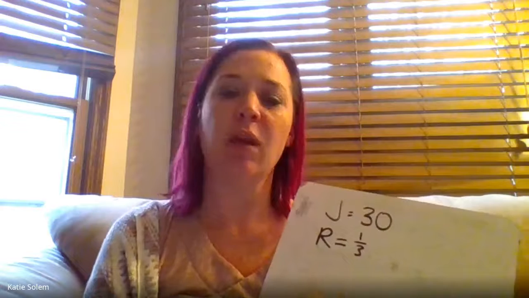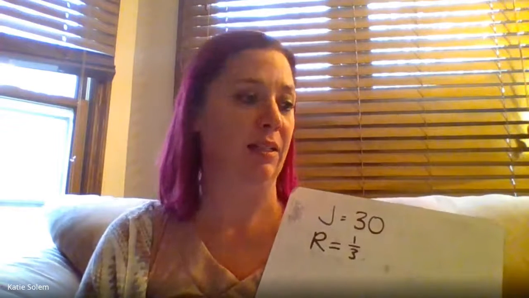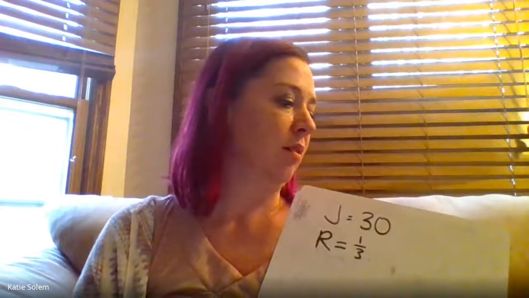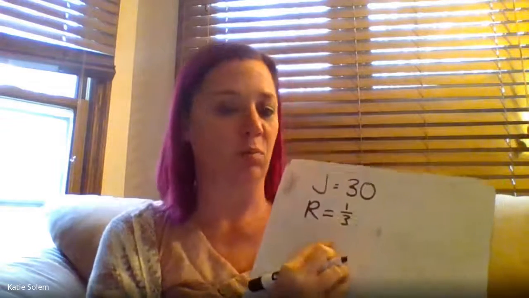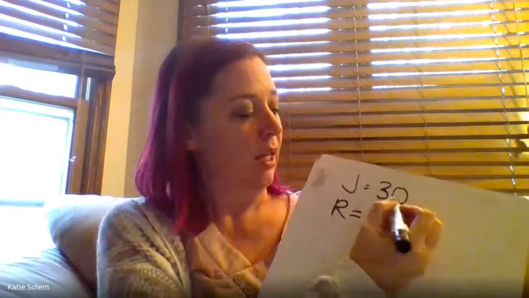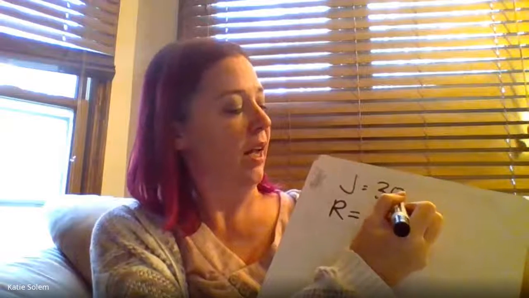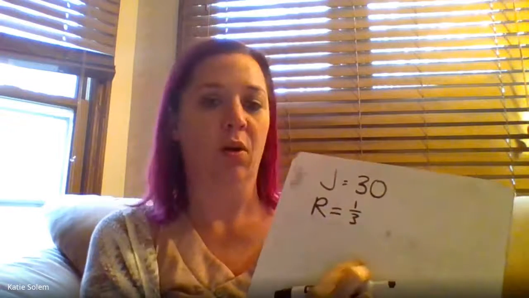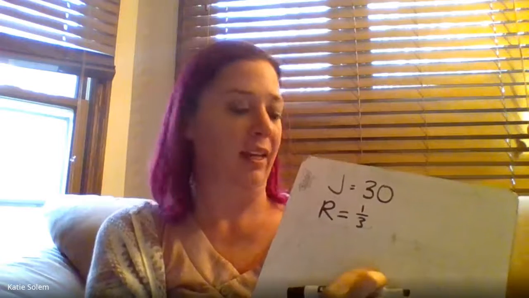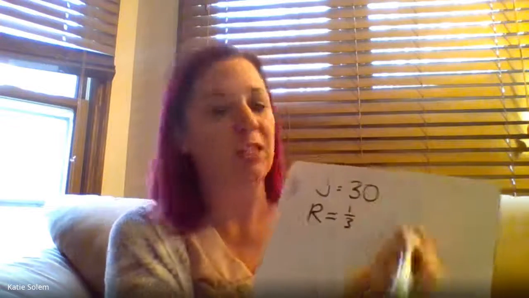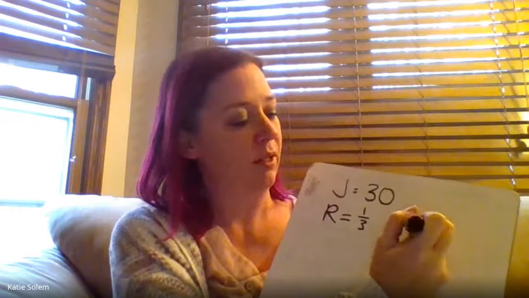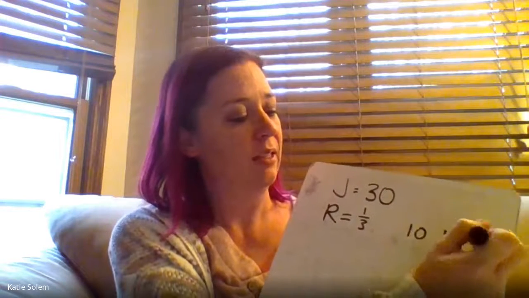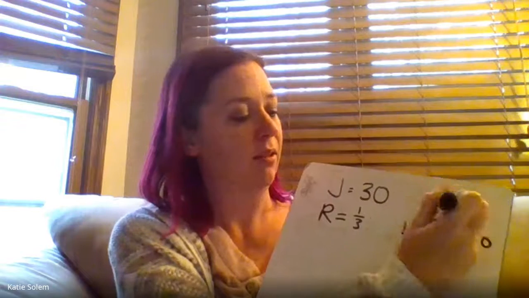Now I know we haven't talked about this a lot yet, and so if this is something that's hard for you, just do your very best. If Javon had 30 and we need to know what 1/3 of that is, I could think, well, if I split 30 into 3 equal groups, I could have 10, 10, and 10.